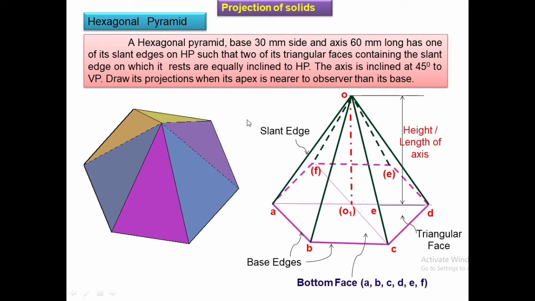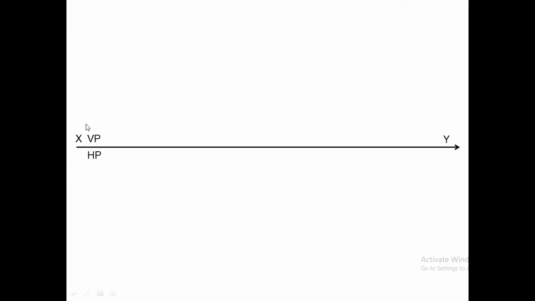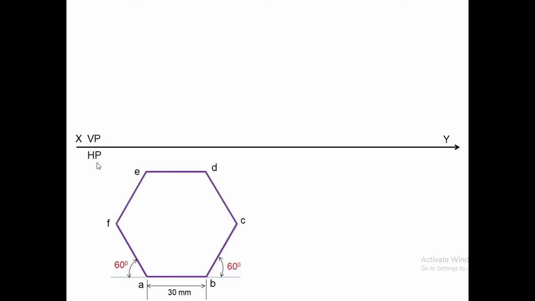Now let us see how to draw the projections in 2D view. As usual, let us draw the XY line, mark all the planes VP and HP to know the front and top views. Since the slant edge is inclined, we are going to have the corner to the right hand side.